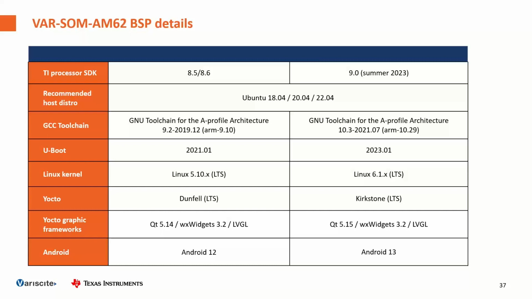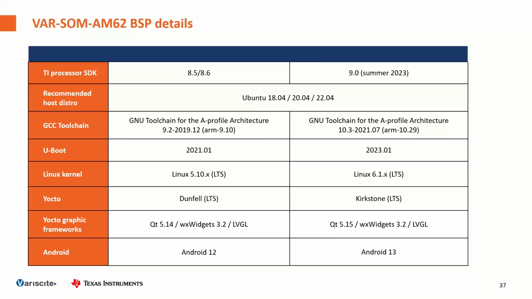Version 3.2 of wxWidgets is the latest stable. About LVGL, we are investigating because the maintainer is probably going to release version 9, while currently only version 8.3 is available. We also expect to migrate to Android 13.